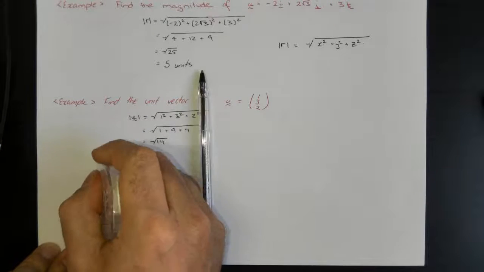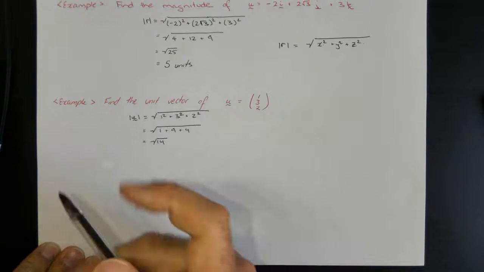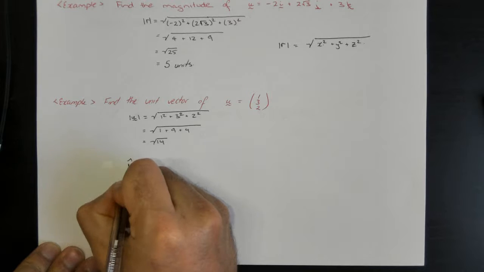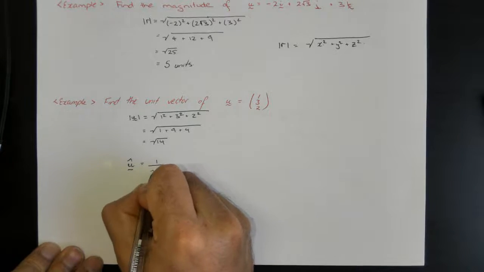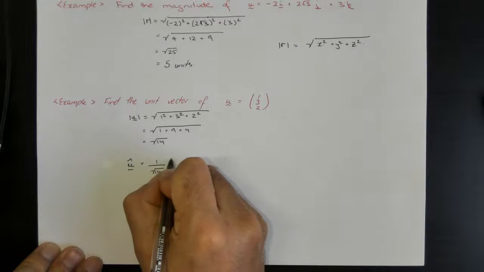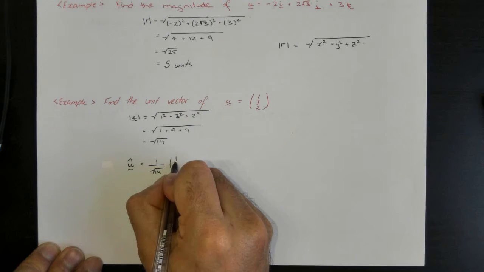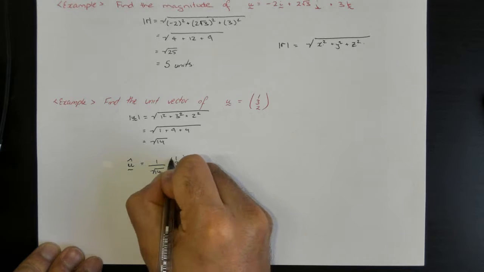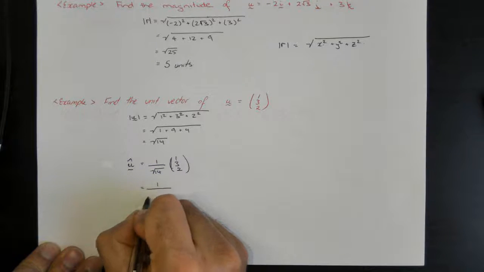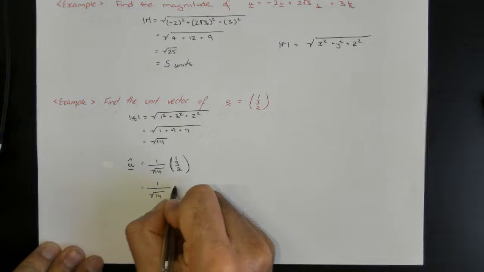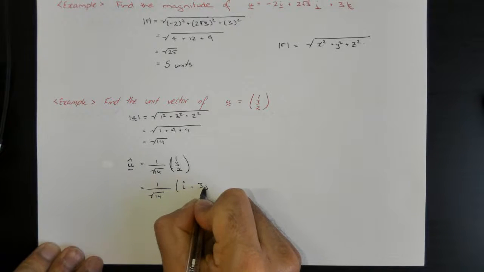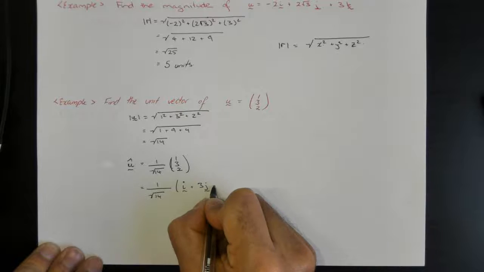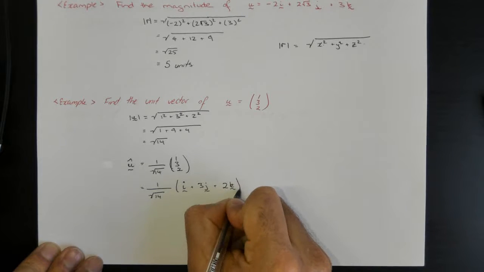So the unit vector is going to be 1 over root 14 of this vector, which we could write as i plus 3 in the j component plus 2 in the k component.